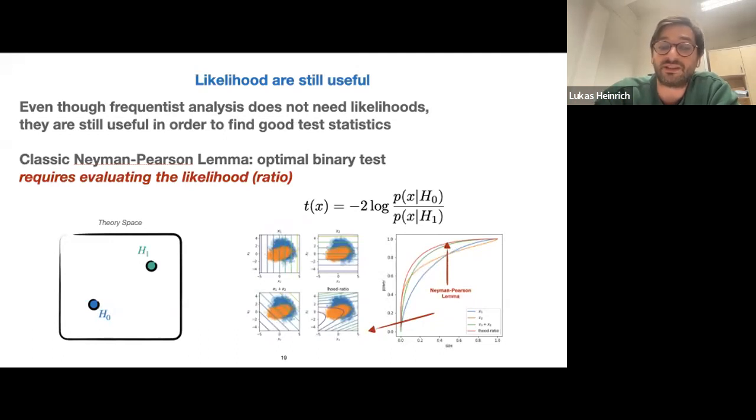And so the easiest way to evaluate the likelihood ratio is to be able to evaluate the likelihood. And so if you can somehow formulate your problem in a way where you have an evaluatable likelihood, that is useful, because then you can construct this optimal test statistic, and then you know that you're roughly making the most use of the data that you can.